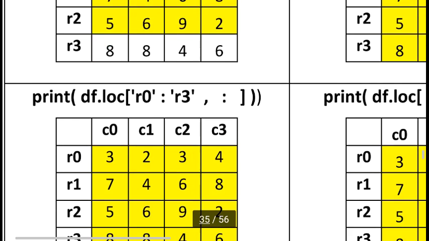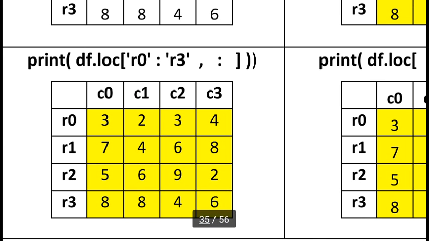Okay, suppose I want to select the complete table using the slice. Very simple: df.loc, we already know, start from R0 colon, where to stop? R3. So R3 is included, so you can see all the rows, comma colon. Colon means the R0, R1, R2, R3 rows including all the columns.